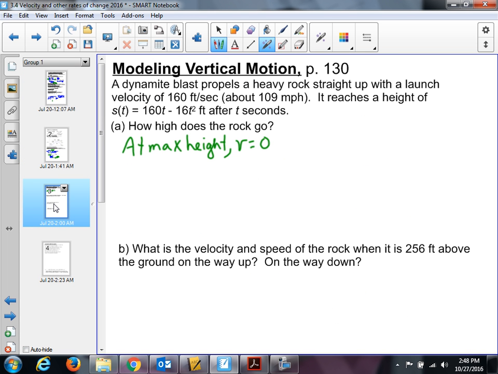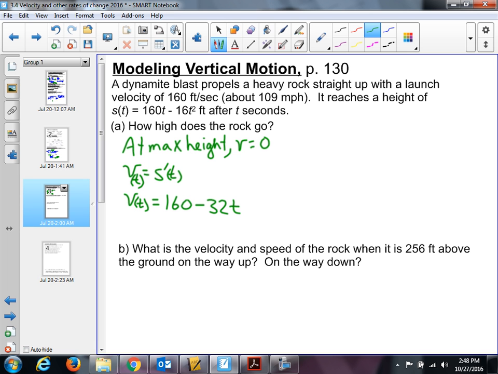So back to here. At max height, the v is equal to 0. So we know that v of t, the function, is equal to s prime. Now, in this case velocity is a function. I'm making it look more like math than physics when I put v of t, but that's not a biggie. v of t is 160 minus 2 times 16, so 32t.